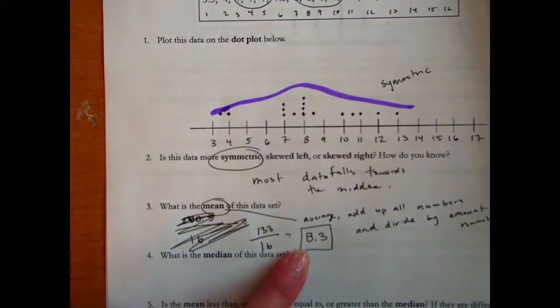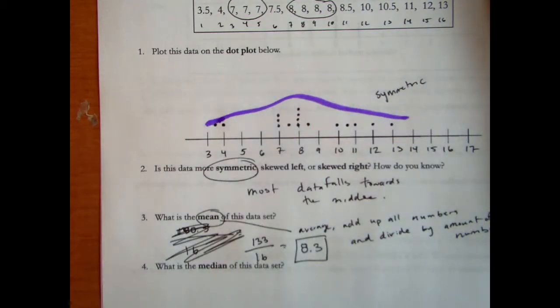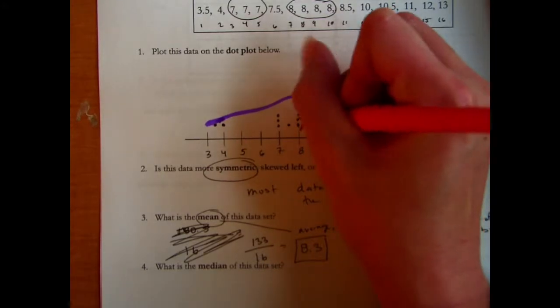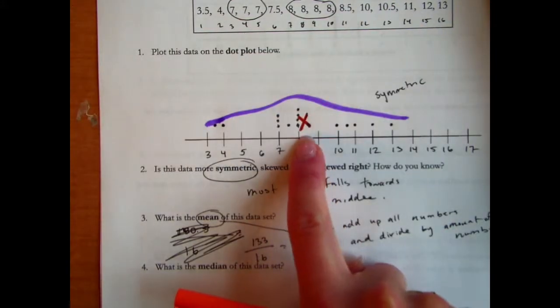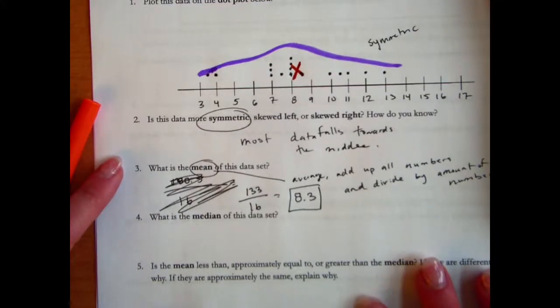Okay, now to find the median, the definition is the middle number, or the number that falls in the exact center of the distribution. So I'm going to cross out from the edges to determine the median. I'm going to quickly do that up here.